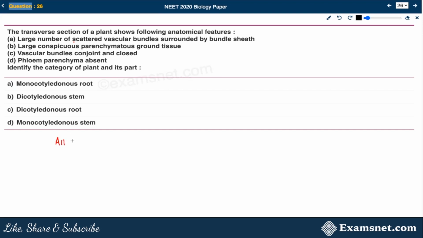So all features are related to monocot. But now the question arises whether it belongs to monocotyledonous root or monocotyledonous stem. Now, all these features are the example of monocot stem.